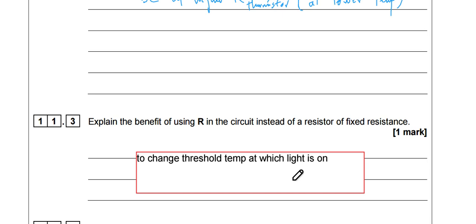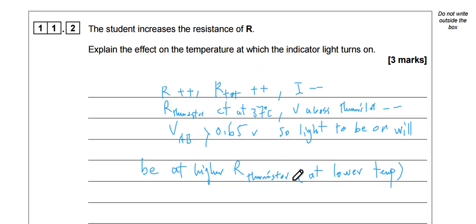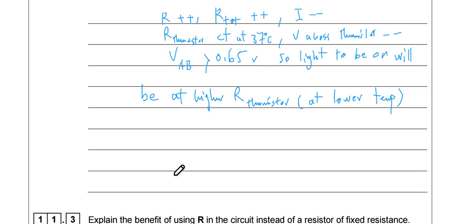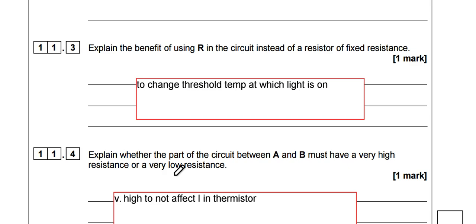Perhaps we want the baby to be in hotter water, say 38 or 39, so we can use R. We can decrease R in this case because we want to increase the temperature. We will have the indicator light on at a higher temperature if we decrease R, or at a lower temperature if we increase R.